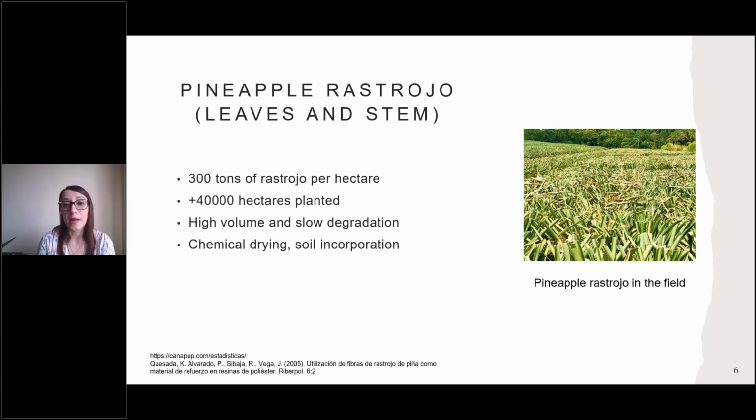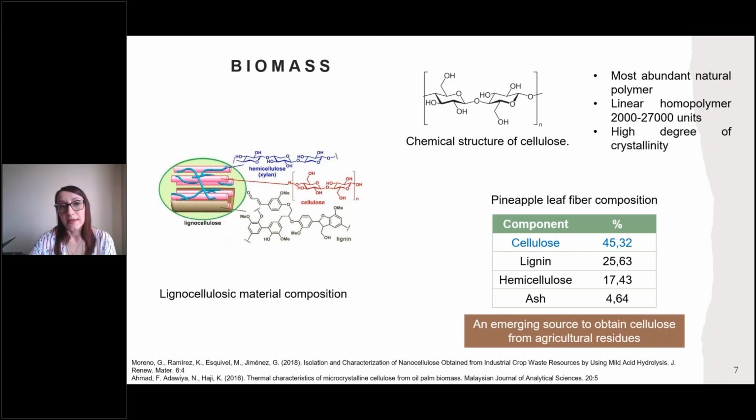This biomass has a high volume and slow degradation. And the main processes applied are chemical drying and soil incorporation. This is the pineapple rastrojo in the field. The biomass, like I said, is a huge amount.